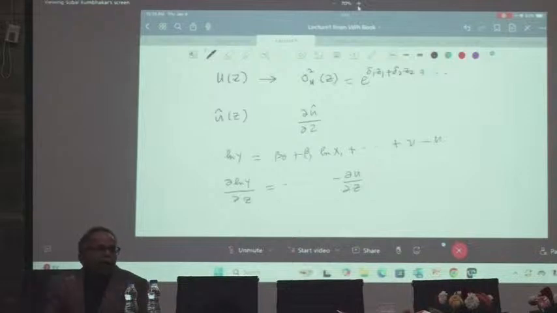So when I'm interested in the derivative of u with respect to z, it is the same as the derivative of y with respect to z with a sign change. So the interpretation, after estimating this, we are interested in the marginal effect. That means if you increase z by 1 unit or 1%, depending on whether it's in log or not, by how much your output will increase.